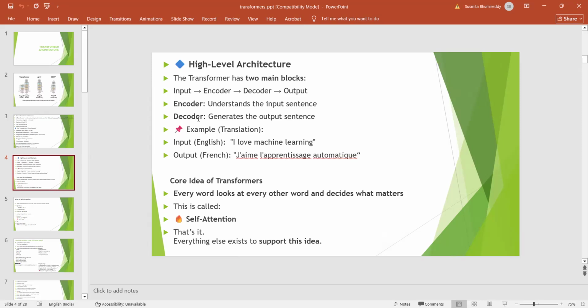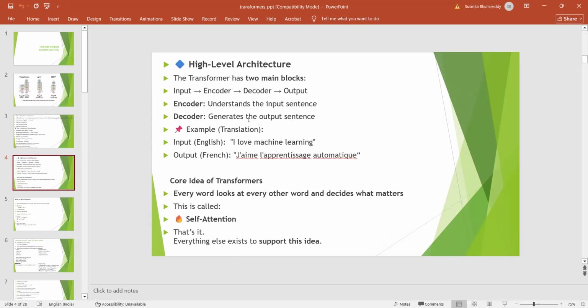And then the decoder, what it will do is take the input we have given, understand it, and generate the output sentence. Based on the input we have given, it creates text one word at a time.